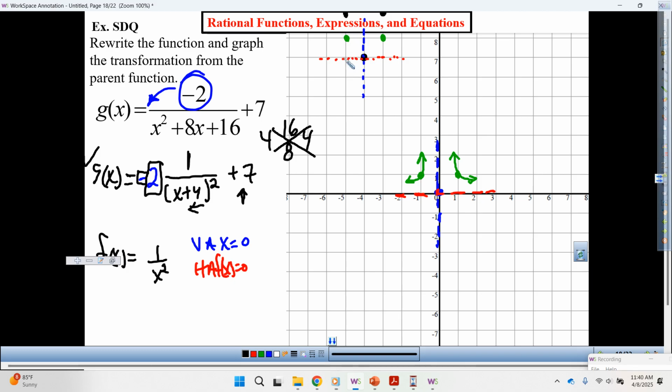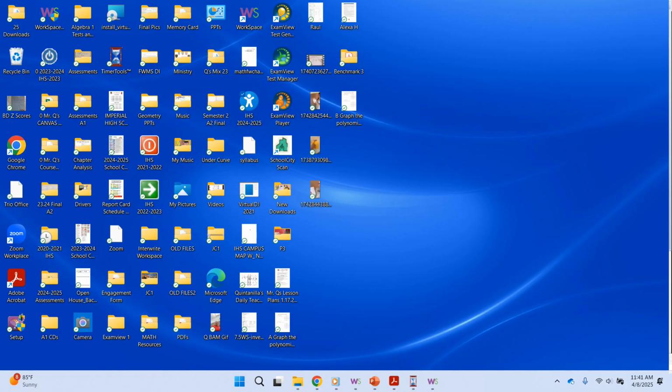Flip them. That is correct. So instead of 2 up, I'm going to go 2 down and 2 down. And this is my g of x. All right, send me your notes, please.